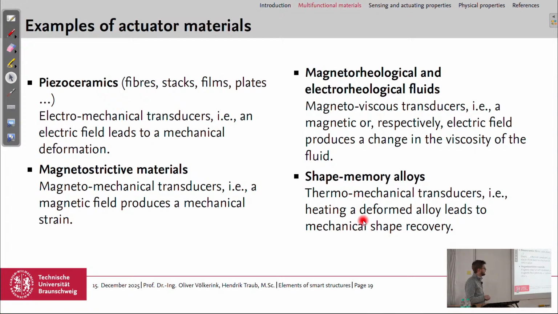When we heat it up, a deformed alloy leads to a mechanical shape recovery. So we get the memorized shape of the alloy back when we heat it up. We also do not go into detail on shape memory alloys in this lecture. So we will really focus on piezo ceramics and on the electroactive polymers here.